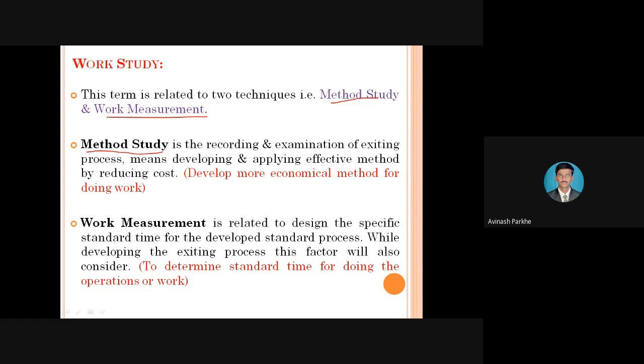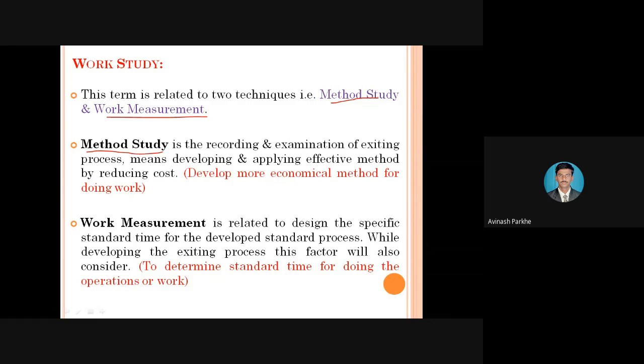Method study means, a simple definition, eliminate the unnecessary operations and from that select the best method. Method study means eliminate the unnecessary operations and select the best effective method by reducing the cost. What happens in industry?